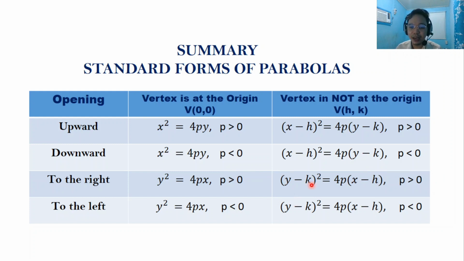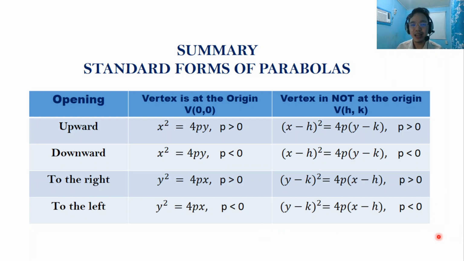Quantity y minus k squared equals 4p times quantity x minus h, where p is greater than 0. If it opens to the left, the quantity y minus k squared equals 4p times quantity x minus h, where p is less than 0 naman ang gagamitin natin na standard equation.